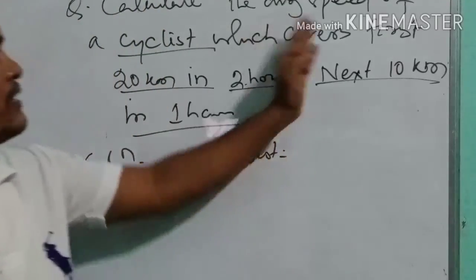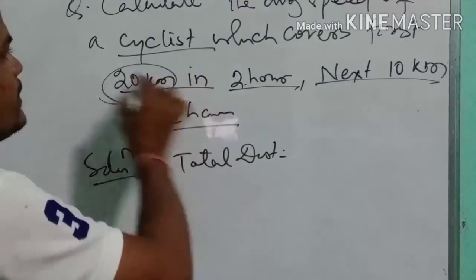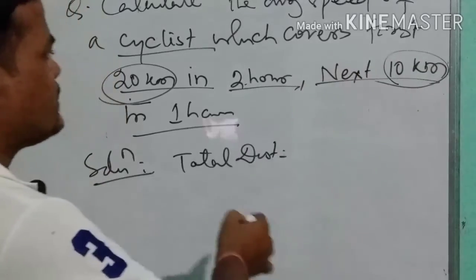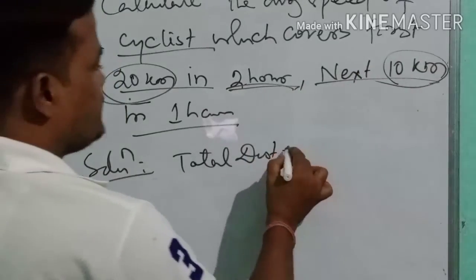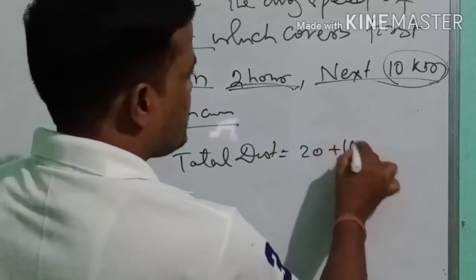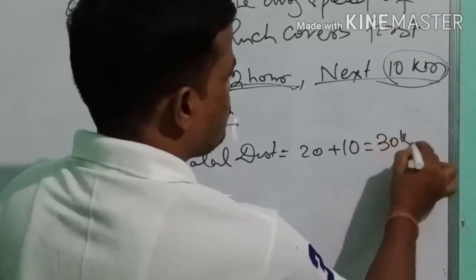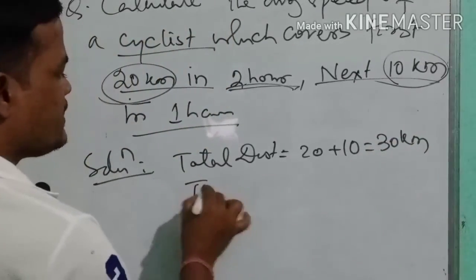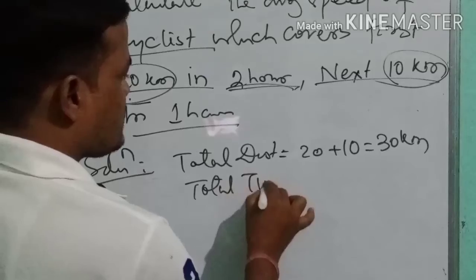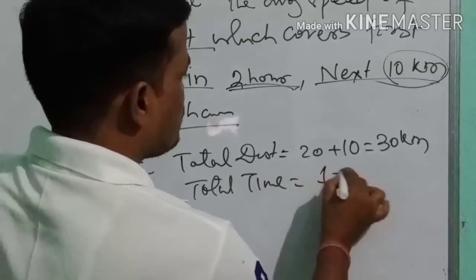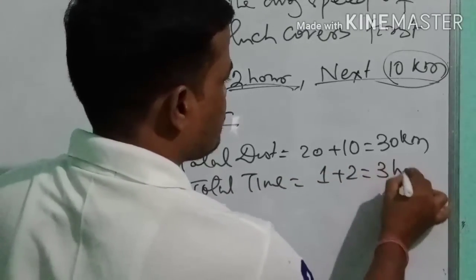You see the first 20 kilometer, next one is 10 kilometer, so that is 20 plus 10, that is 30 kilometer. Total time taken is 1 plus 2, that is 3 hours.